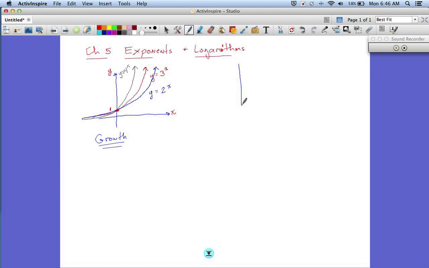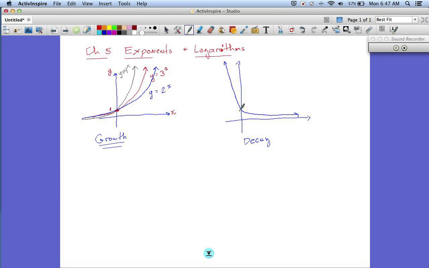So if we look at it in a slightly different way, we have something called exponential decay. And you'll hear about that a lot in your science classes with carbon dating and different things of that sort. And here's exponential decay. So the graph comes on down like that.